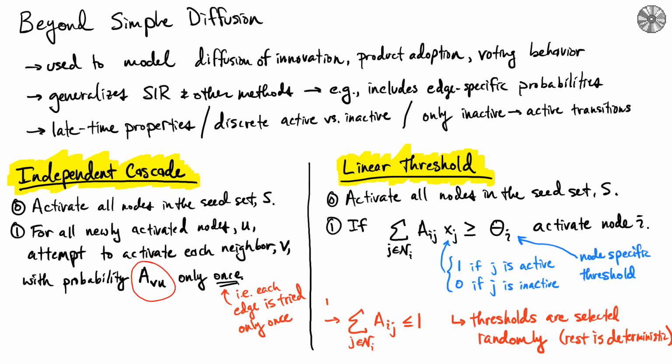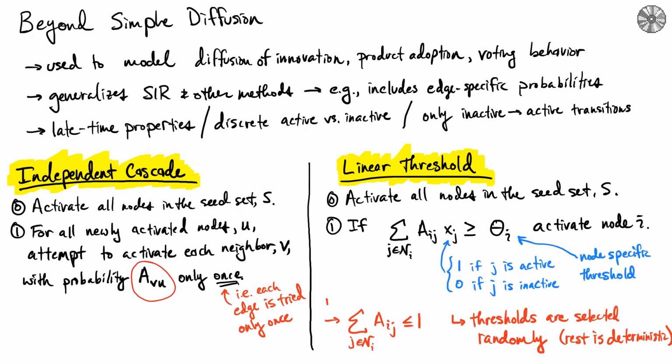Now it is possible for a node to try to activate a neighbor and not succeed, but then somehow that neighbor becomes active through another path. That is possible. But the key thing is each edge is only ever tried once. And so you're going to take a look at this independent cascade and compare it with some of the late time properties of the SIR model.